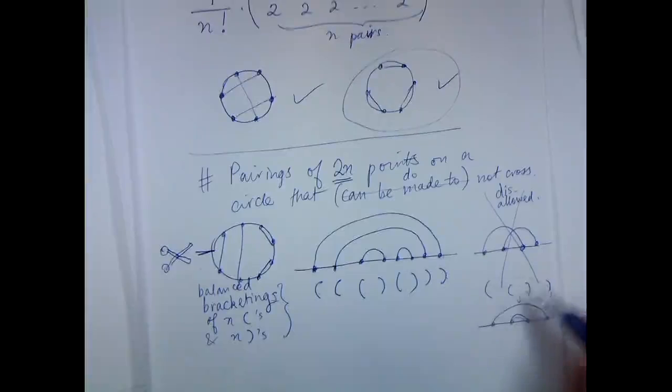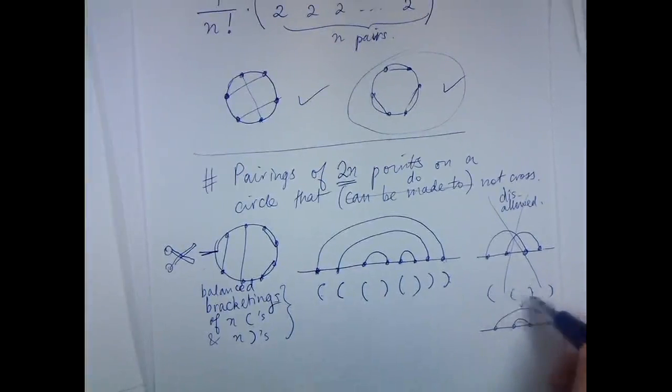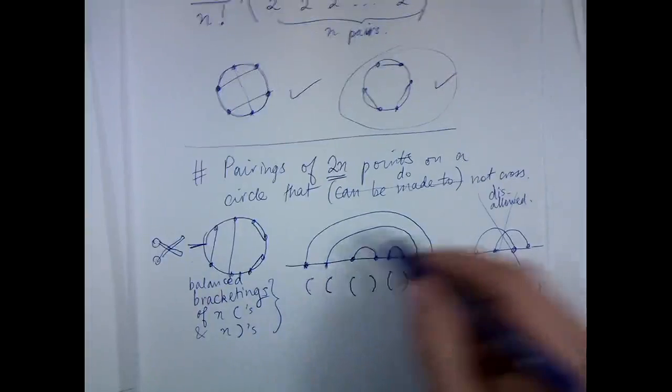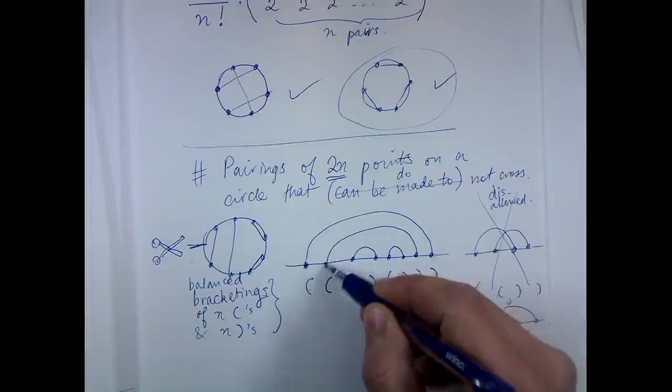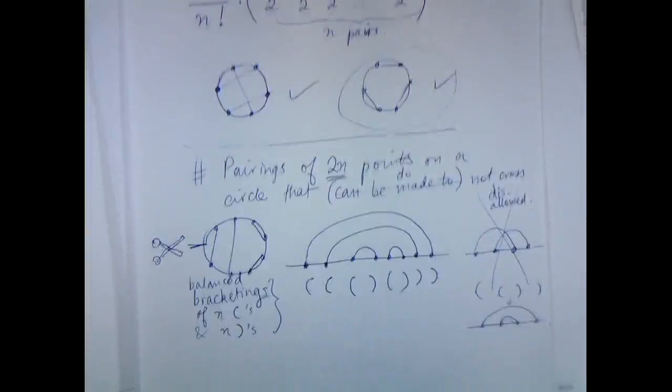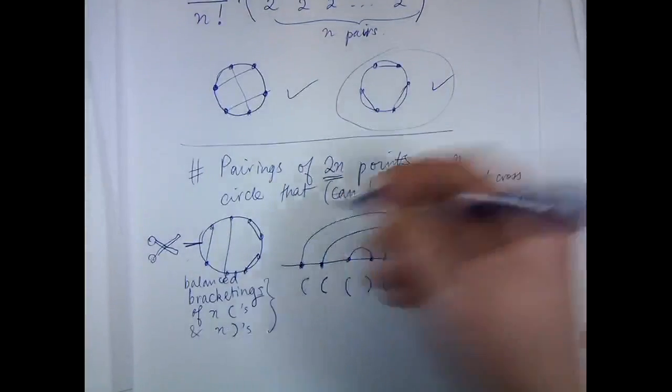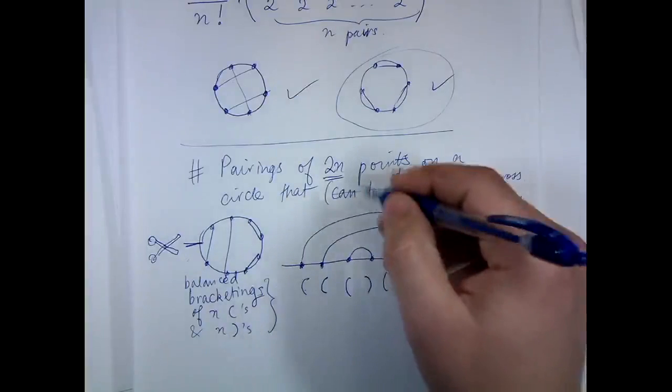Because there's no way you would match that bracket with that one, you'd match it with this one. So the balanced bracketing comes naturally from the fact that you close the most recent unclosed bracket. That means that you connect to the most recent unconnected pairing. That ensures that you never cross. Because if you always do the most recent one, there's no way to ever cross. So there is a bijection between that and that.